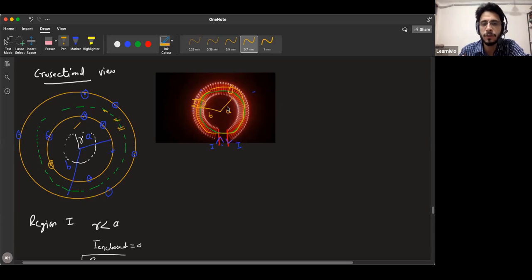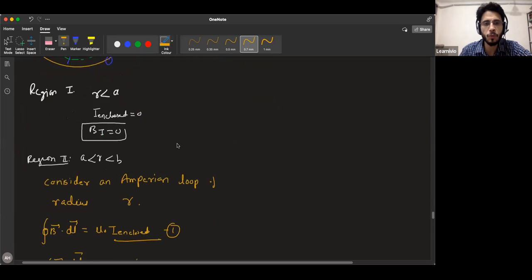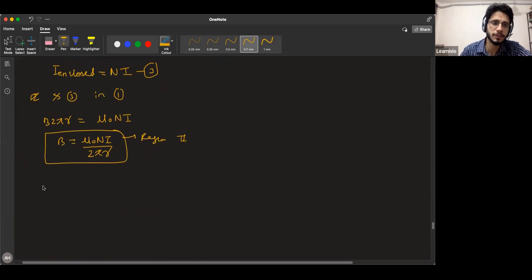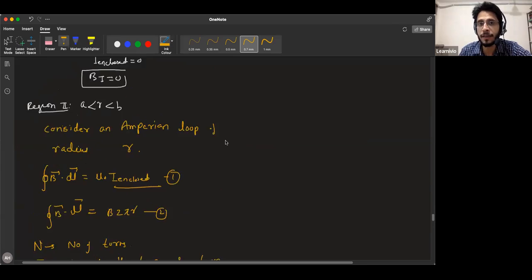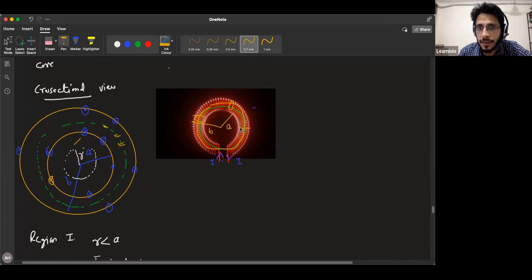If I take the inner radius, it's 2 pi A. If I take the outer radius, it's 2 pi B. What we can do is take an average radius. How do we take the average? It's A plus B by 2. When you take B minus A, you are getting this length, which you don't need.